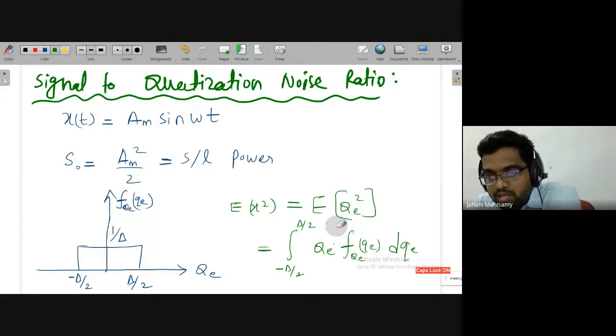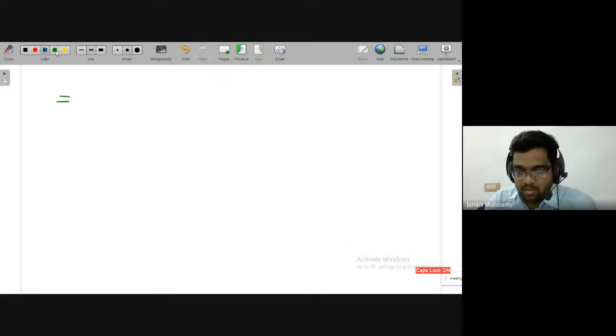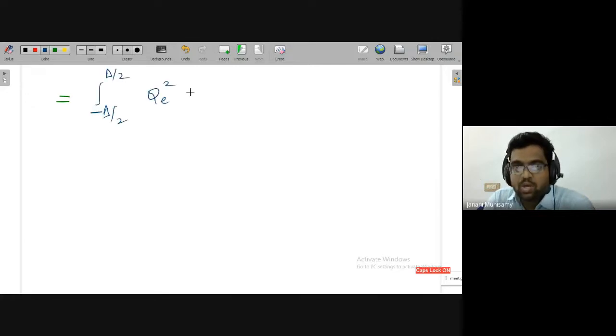Now I know what f of q is, that is 1 by del. So I'll substitute that value. Integration from minus del by 2 to plus del by 2 of q square, into 1 by del, dq.